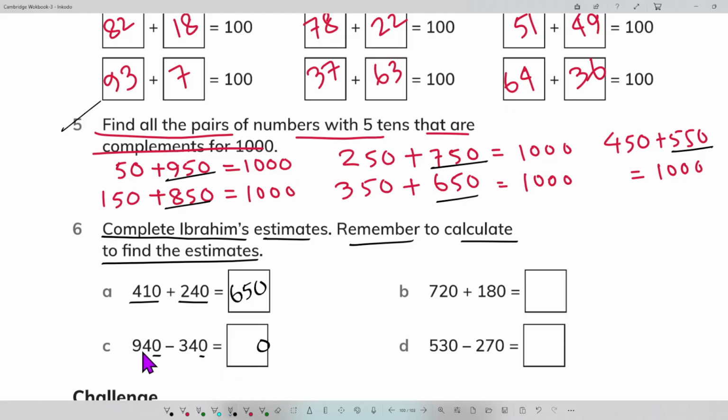Here is a 0, 4 minus, it means 0, 9 minus 3, it's a 6. So here is 600. 0, it will be 0, 2 plus 8, it will be 10, it means 0, carry 1, 7 plus 1, 8, and plus 1, 9. And 0 minus 0, it will be 0.